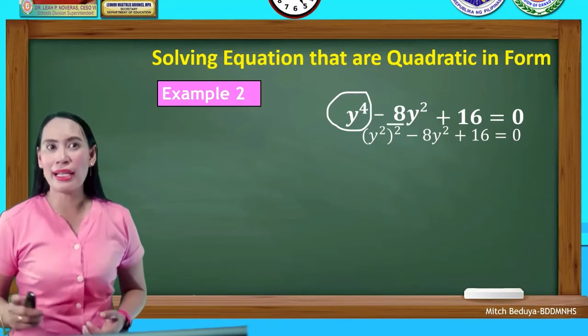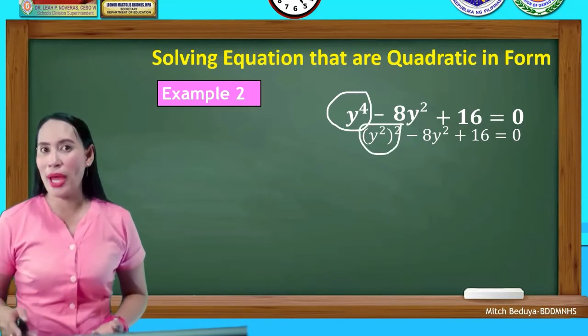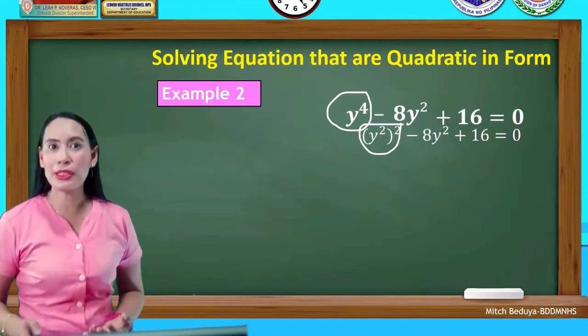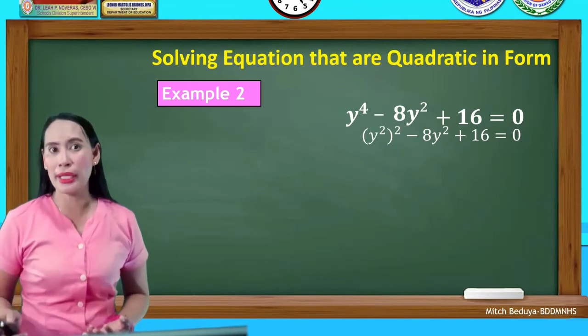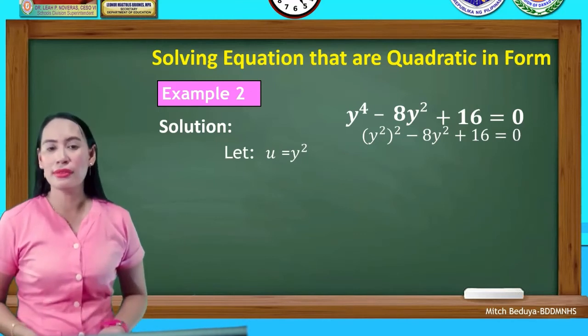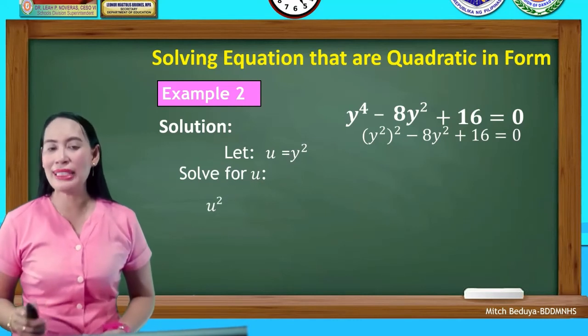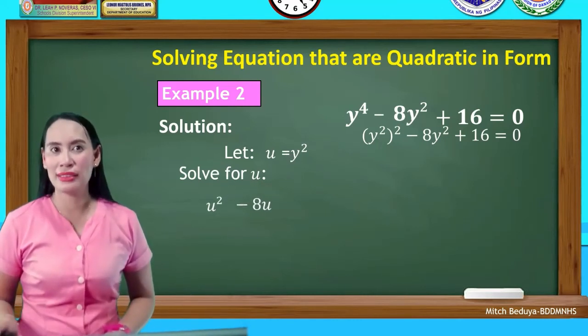So we make a substitution, let u equals y squared. Then by substituting this into the equation above, we get u squared minus 8u plus 16 equals 0.